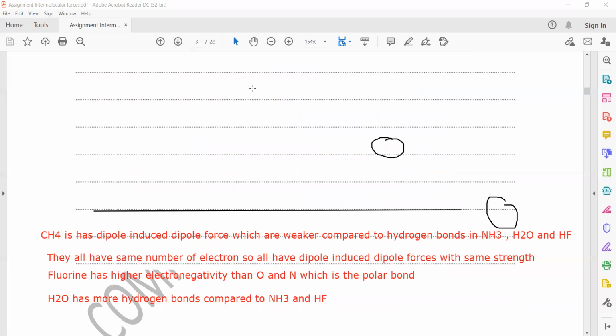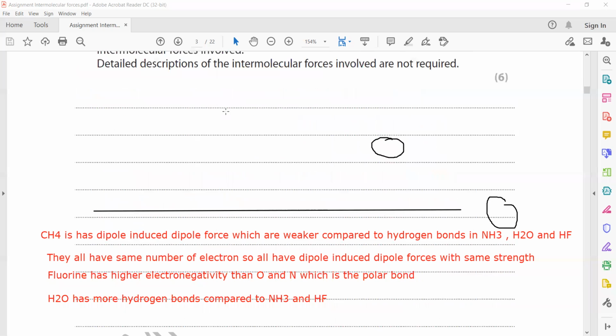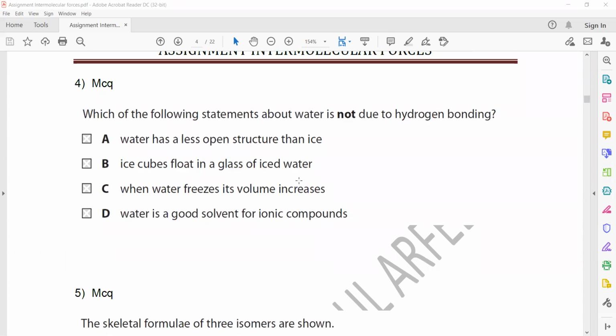The next part, in question 4: which of the following statements about water is not due to hydrogen bond? Water has less open structure than ice.